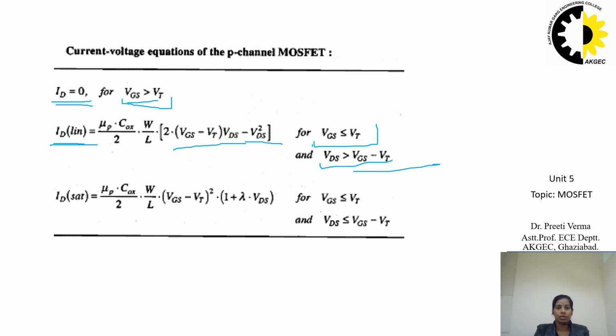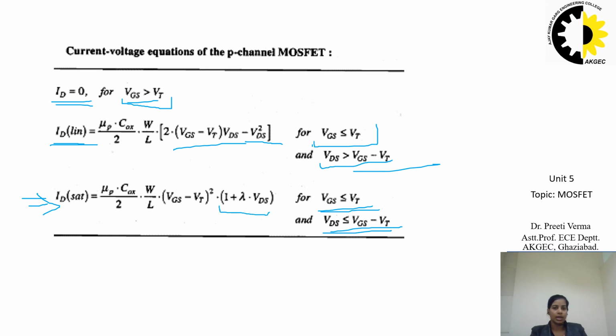The second mode of operation, that is saturation mode of operation, has the condition of operation VGS less than or equal to VT and VDS less than VGS minus VT. And the current for the PMOS transistor in saturation mode of operation is given as mu P Cox by 2 multiplied by W by L multiplied by VGS minus VT whole square multiplied by 1 plus lambda VDS.